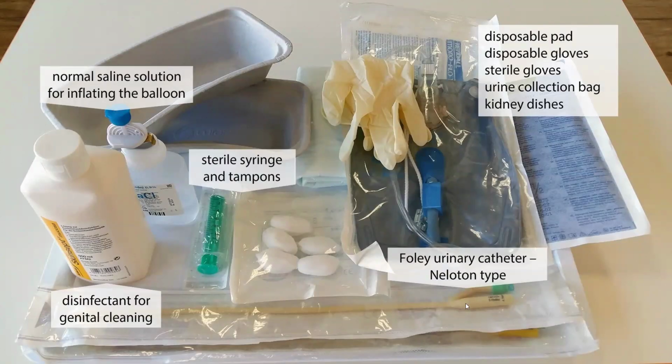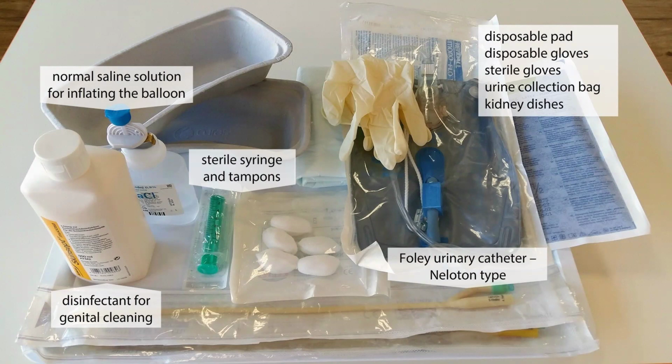Foley catheter, you have two ways and three ways. Two way means the straight way is for drainage, and the one with the division, this colored one, is for inflation of the balloon.